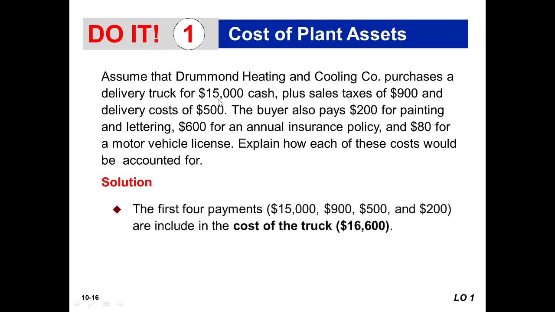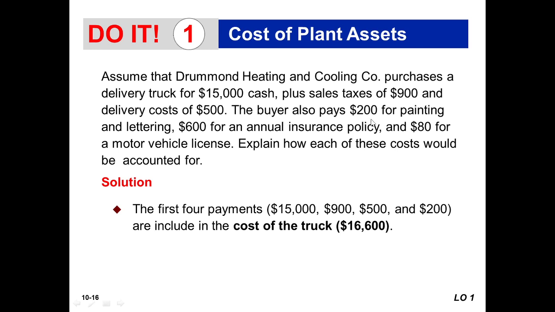Cost of plant asset. Assume that Drummond Heating and Cooling Company purchases a delivery truck for $15,000 cash, plus sales tax $900 and delivery cost of $500.